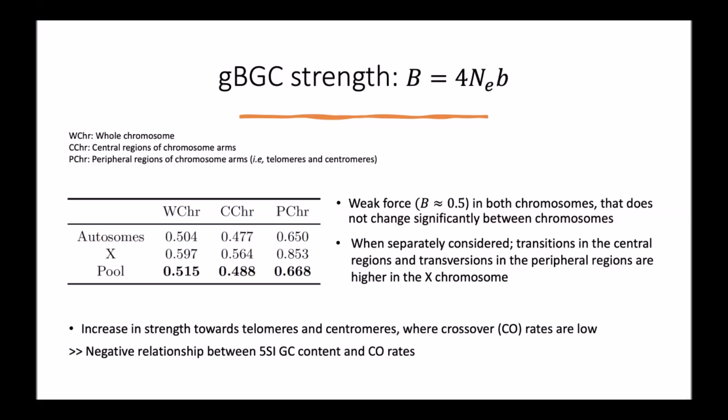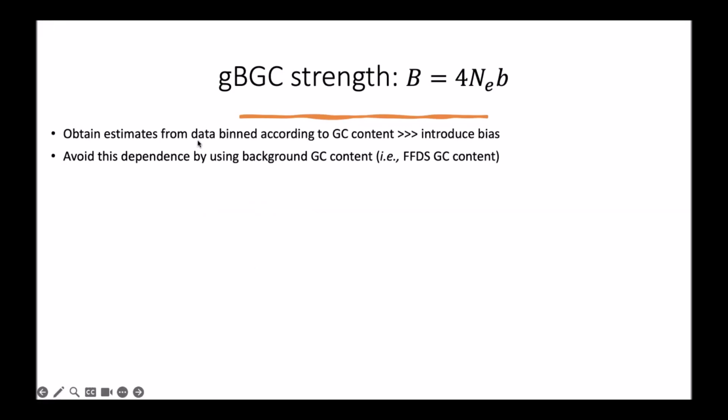I do not expect maybe a direct relationship between crossover and GC biased gene conversion strength, but I do expect a direct relationship between the strength and the GC content. So I wanted to divide my data by GC content, but obtaining a force that is affecting the GC content after dividing your data according to the GC content might introduce bias.